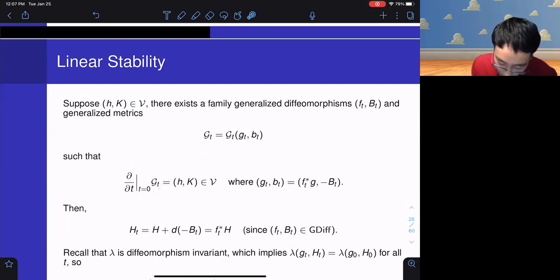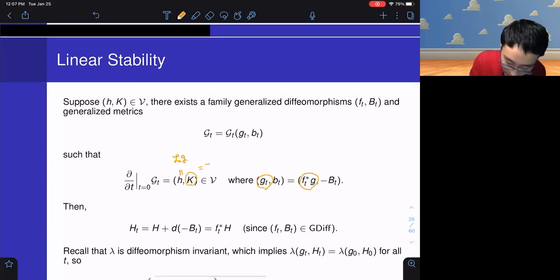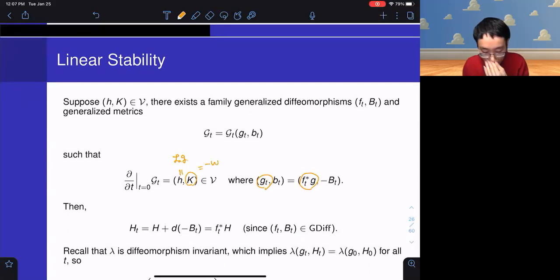And here GT will be FT star G minus D minus BT, because here H is L_X g. So in fact, our GT is constructed by the diffeomorphism for some FT, and K is minus omega.